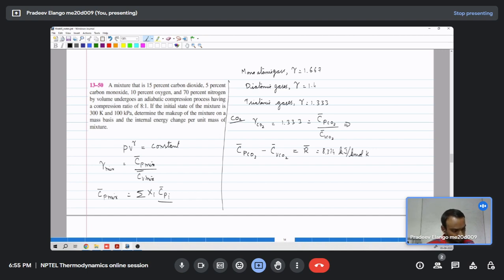So from this expression we know Cp of CO2 is gamma times Cv of CO2. Substituting that here, we have a general expression: gamma Cv of CO2 minus Cv of CO2 is equal to R bar. So that will be gamma minus 1, so Cv bar of CO2 is R bar by gamma of CO2 minus 1.